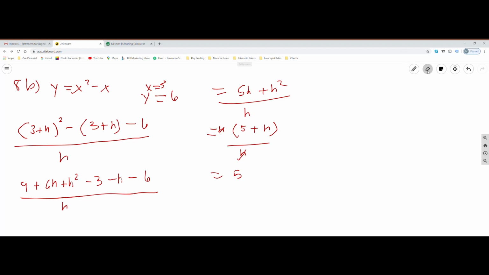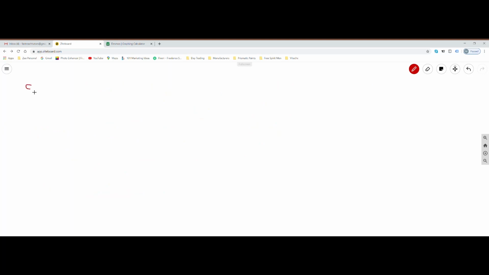Now 8c. y equals x cubed. And the point is x equals negative 2 and y is negative 8.